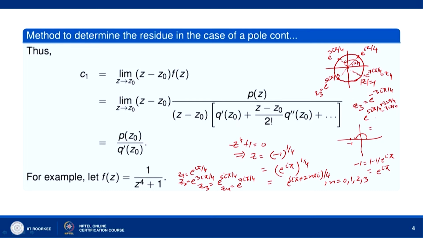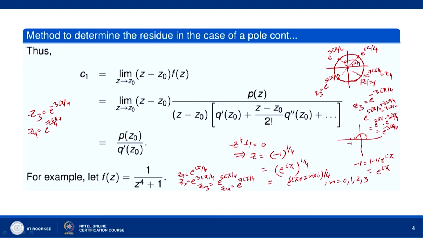Now 5 i pi by 4 plus 3 i pi by 4 is 8 i pi by 4, so e to the power 2 pi i times e to the power minus 3 i pi by 4. e to the power 2 pi i equal to 1, so we get e to the power minus 3 i pi by 4. So z3 is also equal to e to the power minus 3 i pi by 4. And similarly z4 is e to the power 7 i pi by 4.